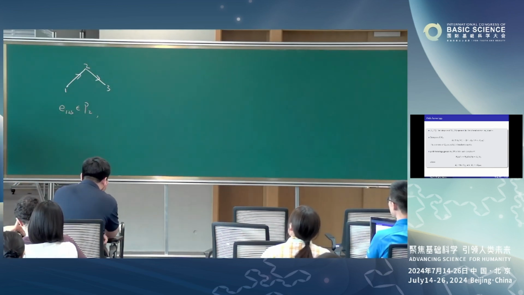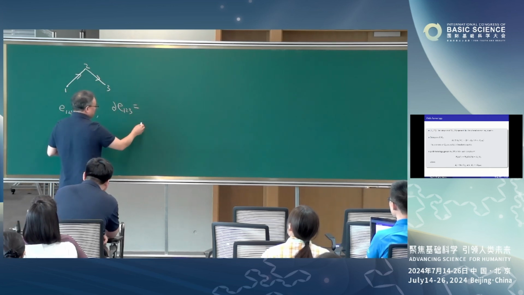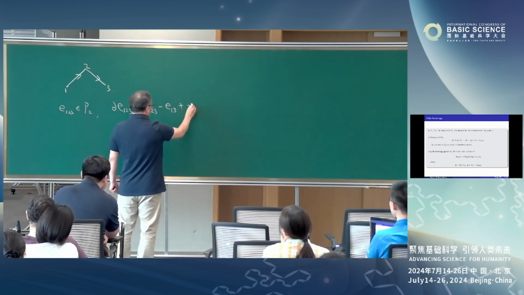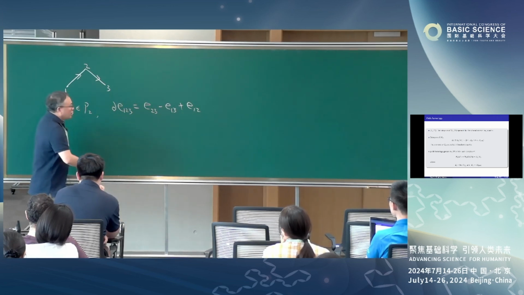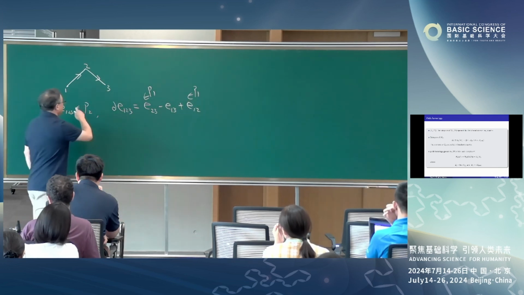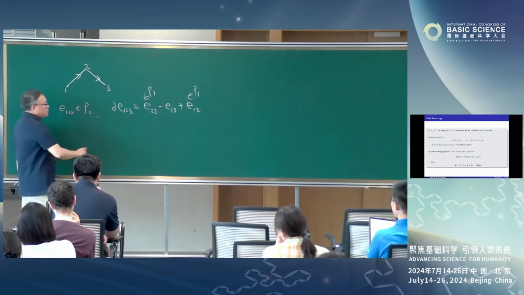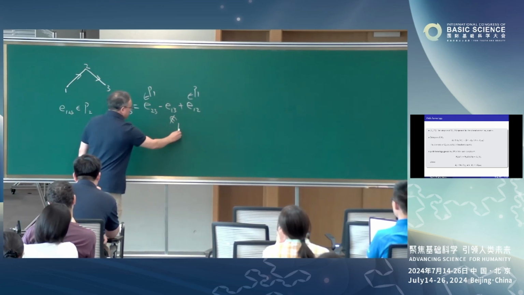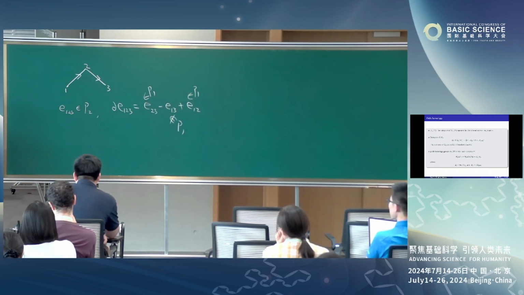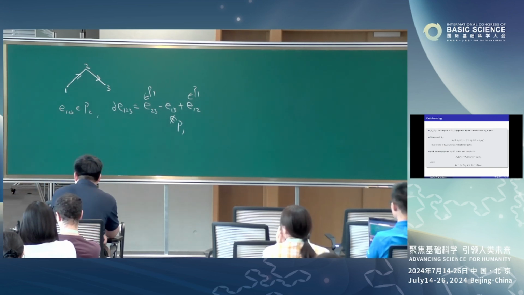This is a P2 path. But if we apply the boundary operator, then it becomes this, which is in P1 because there is a direct edge from 1 to 2 and 2 to 3. But this is not in P1 because there is no direct edge from 1 to 3. So under this boundary operator, AP is not invariant.